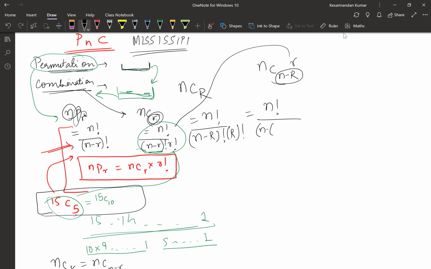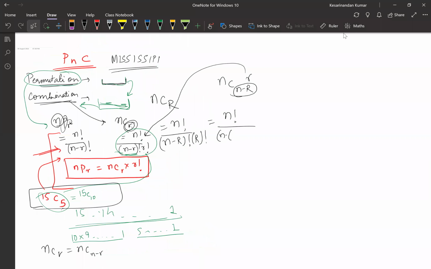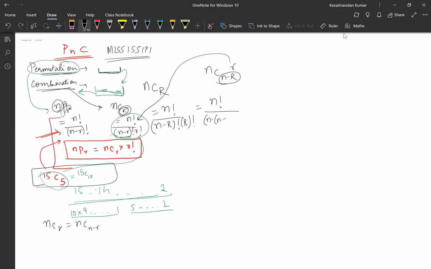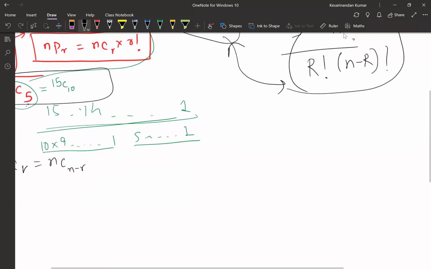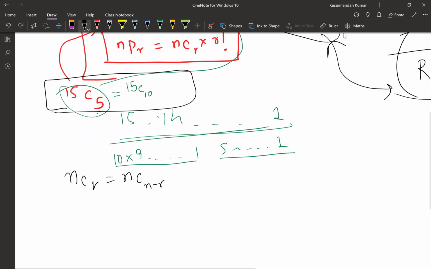So substituting this here, we will have (n minus r) factorial into, now this is our r, so (n minus r) factorial, which is nothing but, both of them are the same, right?